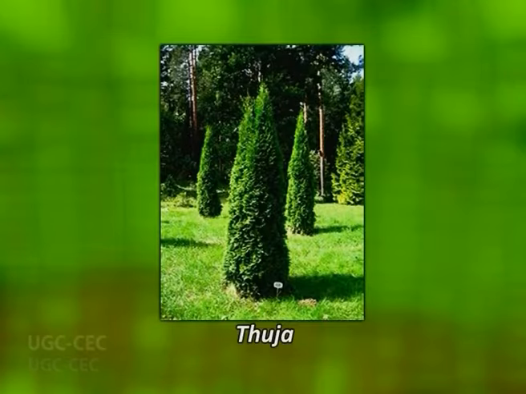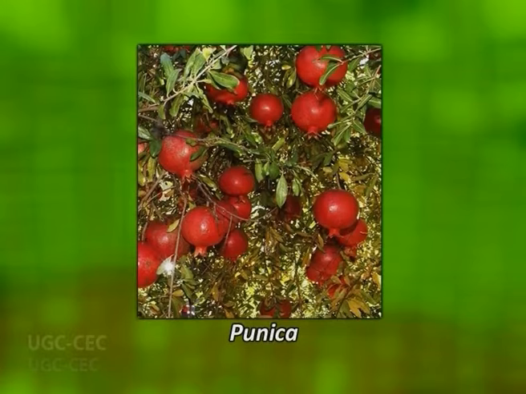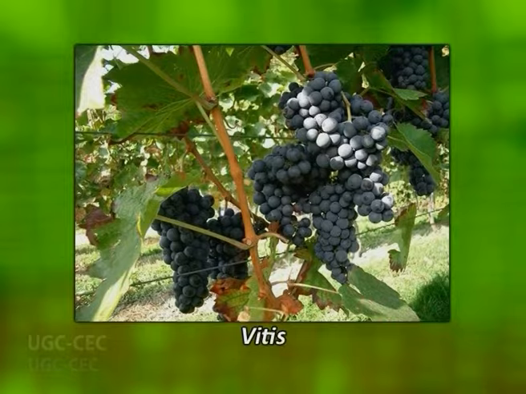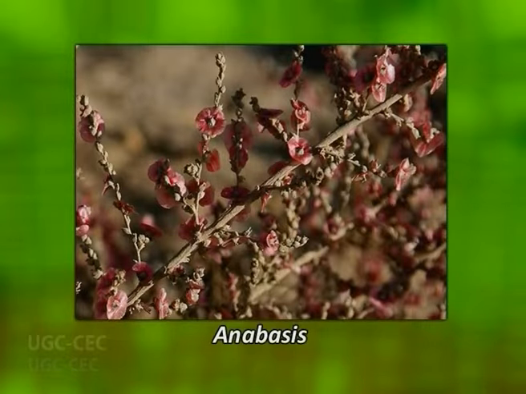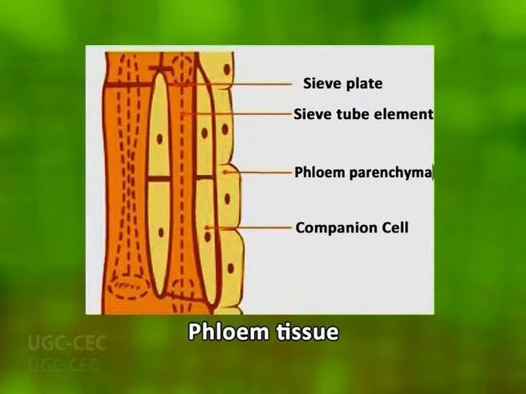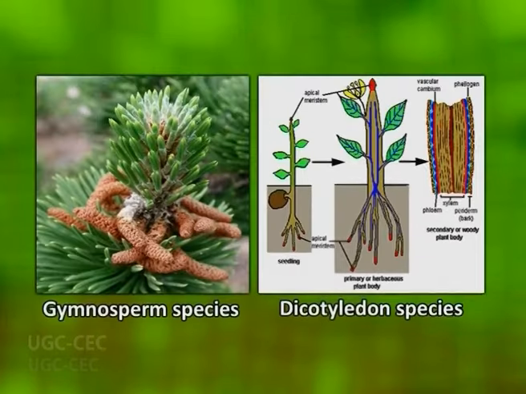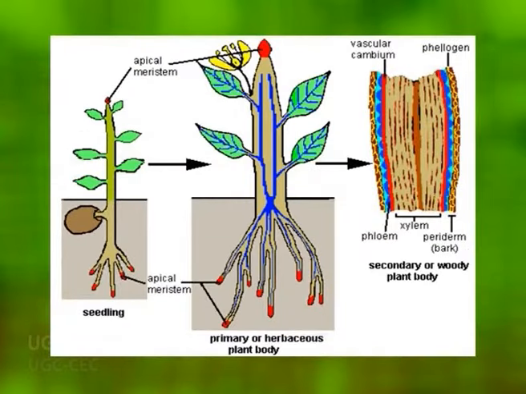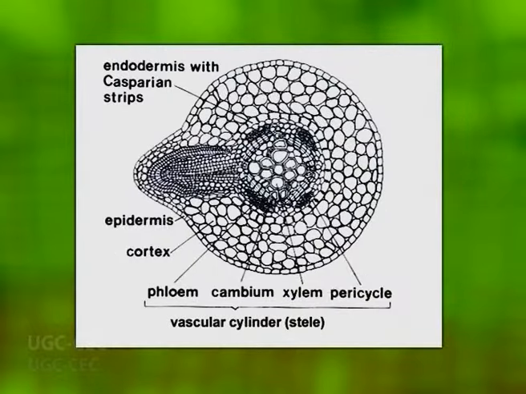In Thuja, Punica, Arbutus, Vitis, and Anabasis, the cambium of the first formed periderm develops near the phloem or in the phloem parenchyma itself. In roots of gymnosperms and dicotyledons, the first phellogen is characteristically formed in inner layers, usually in the pericycle.